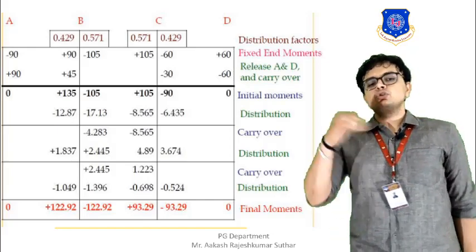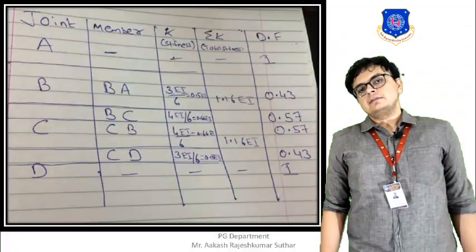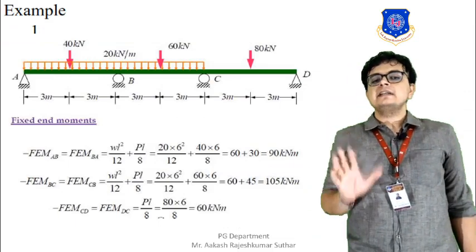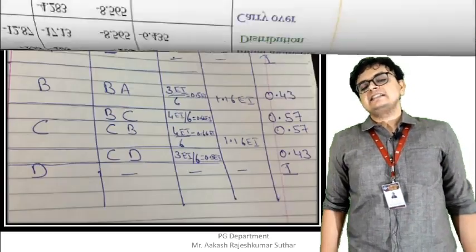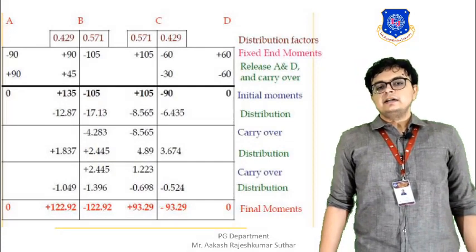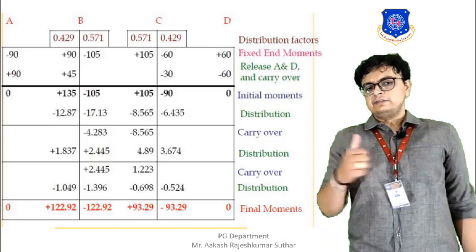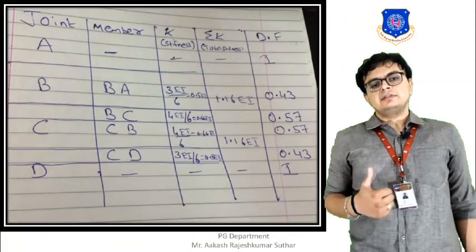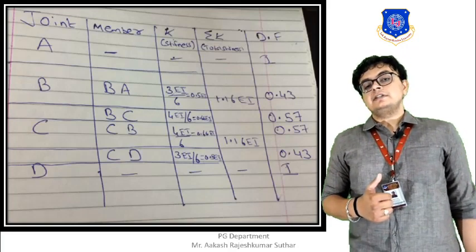At the top, you should write the joints, and in our given example, there are 4 joints, that is joint A, joint B, joint C, and joint D. We write those joints at the top, and in the next row below, there will be the distribution factors which we found in the previous session.